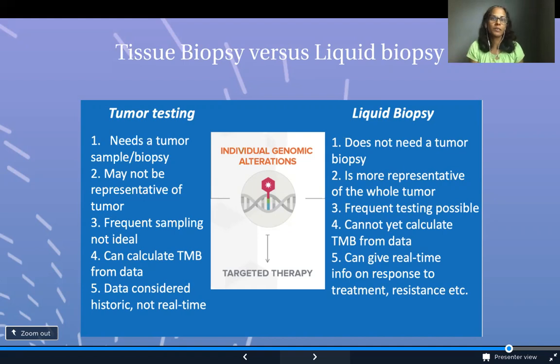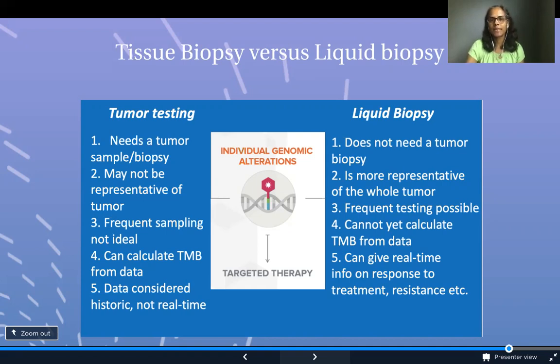Frequent testing is possible because all you need is a blood draw. For now, a liquid biopsy cannot be used to calculate TMB, but maybe in the next few years it may be possible to calculate TMB from liquid biopsies.